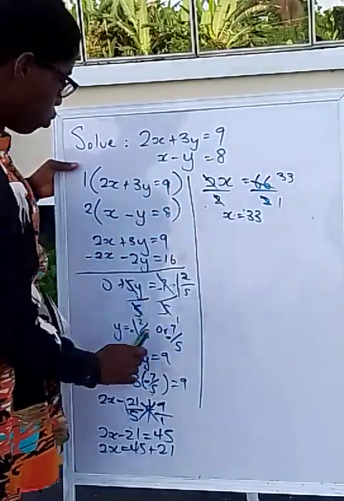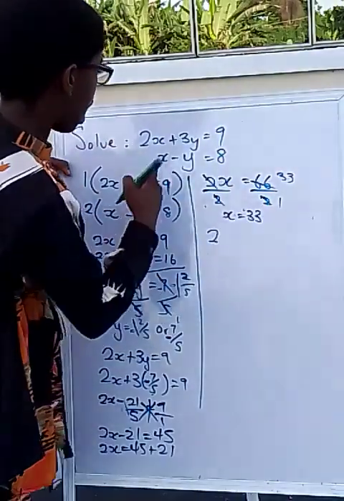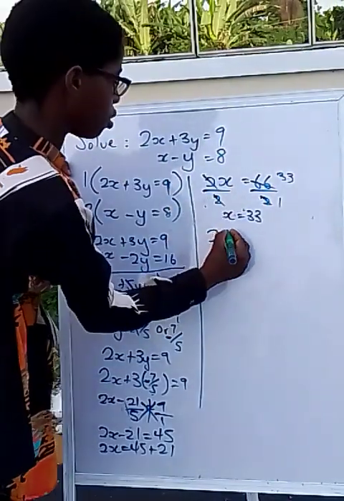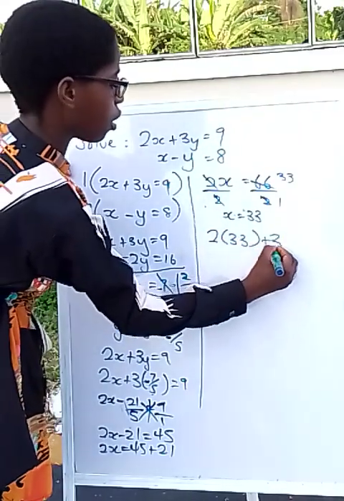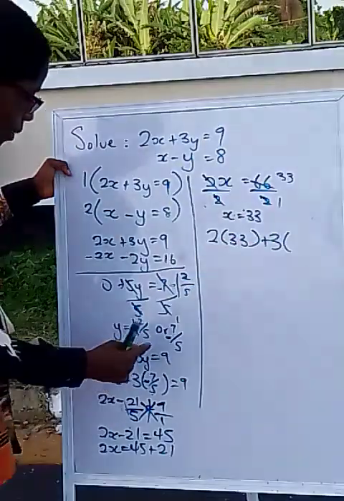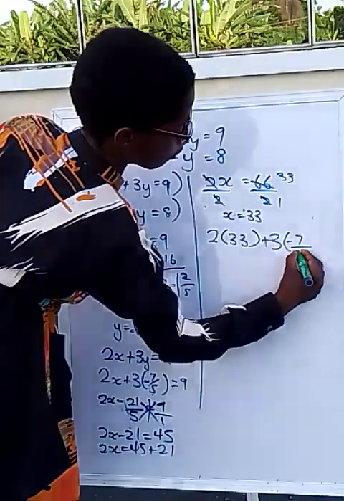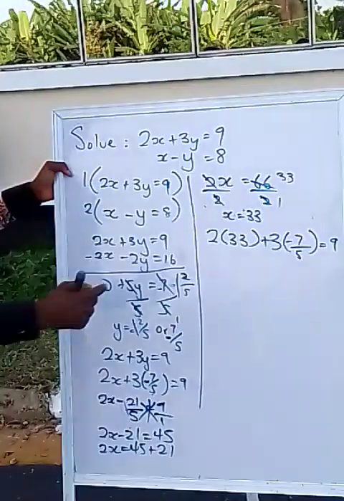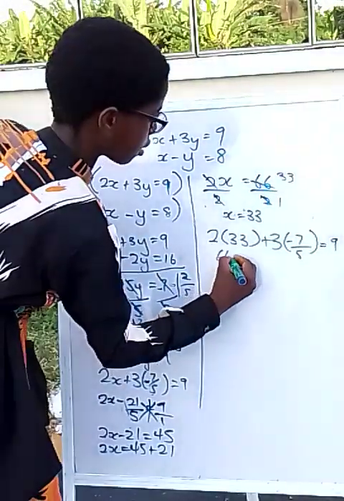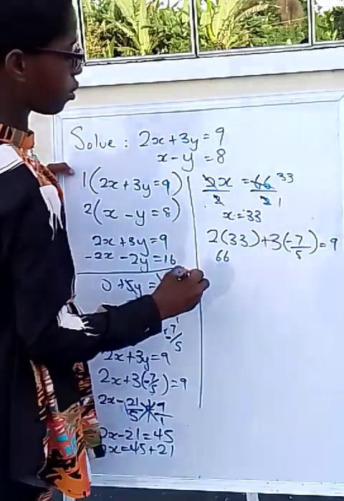So 2x, and our x is 33. So put it in brackets, plus 3y, and our y is minus 7 over 5, equals 9. So 2 times 33 is 66. Plus 3 times minus 7 is minus 21.